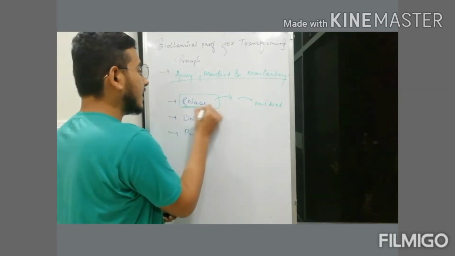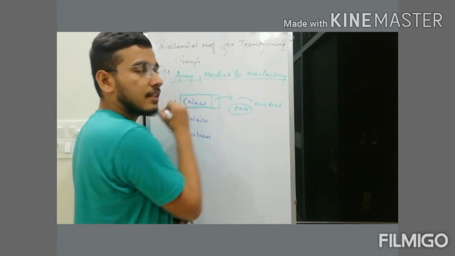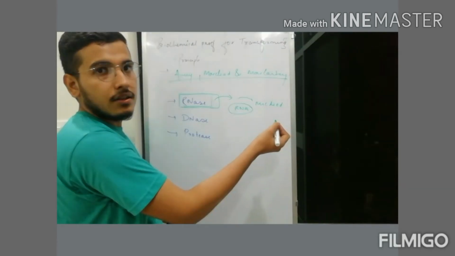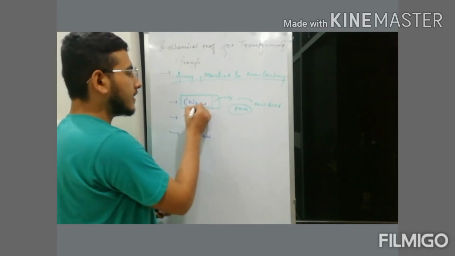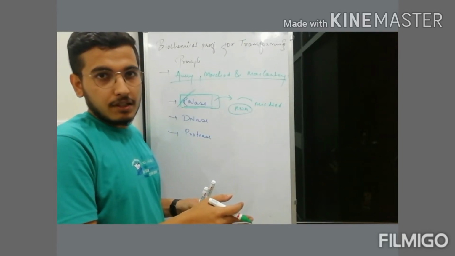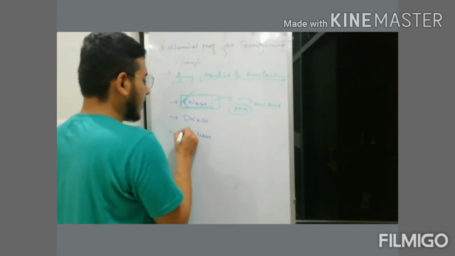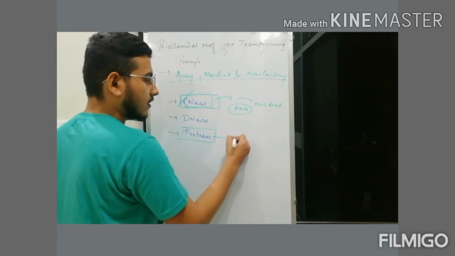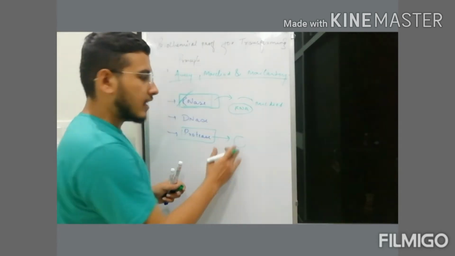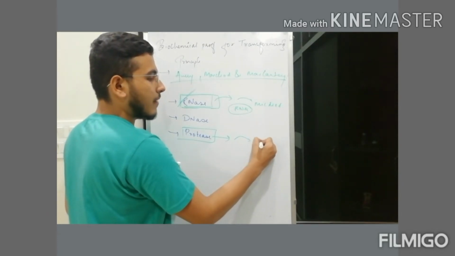Why? Because RNase enzyme degraded all the RNA present in the cell, yet the mice died. So it was concluded that RNA is not the transforming principle, the actual genetic material. Then they took protease. With protease, all the proteins were degraded and then it was injected into mice.